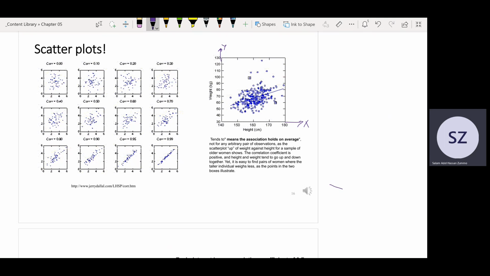Student x and student y. Every time there is exam 1 and exam 2, and we have many students. Then we will see for every student, for example, student x took 170 in exam 1 and 45 or 50 in exam 2. So this will be 1 point for one student.